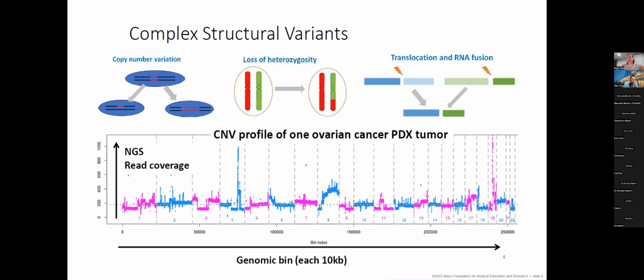So copy number variation, structural variation, loss of heterozygosity, and the tumors that we're looking at can be very, very abnormal. And so understanding these complex variants and these different signatures that arise from complex variants can be important, and we haven't yet tapped that potential.